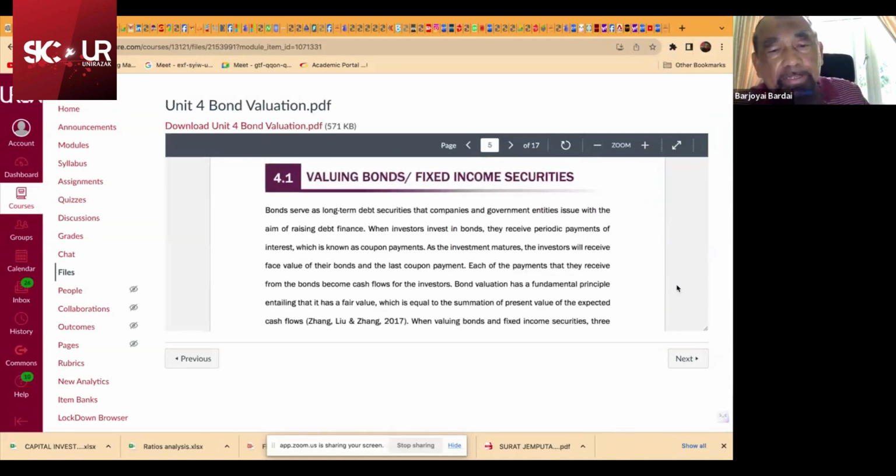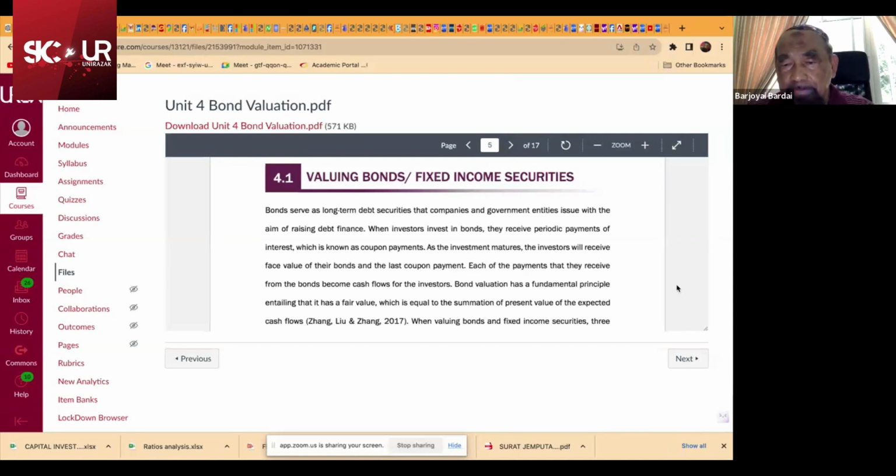Bonds serve as a long-term debt security that companies and government entities issue with the aim of raising debt finance. When investors invest in a bond, they receive periodic payments of interest, which is known as the coupon payment. As the investment matures, the investor will receive the face value of the bond and the last coupon payment.